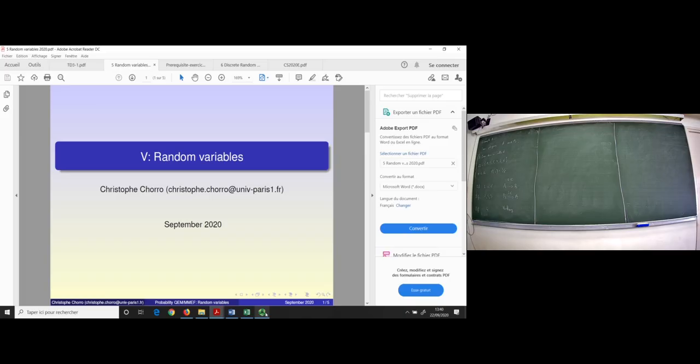So I have a random experiment, a little game, and we are going to let capital X be the profit of A. It is in fact the only one that has some interest to play here.